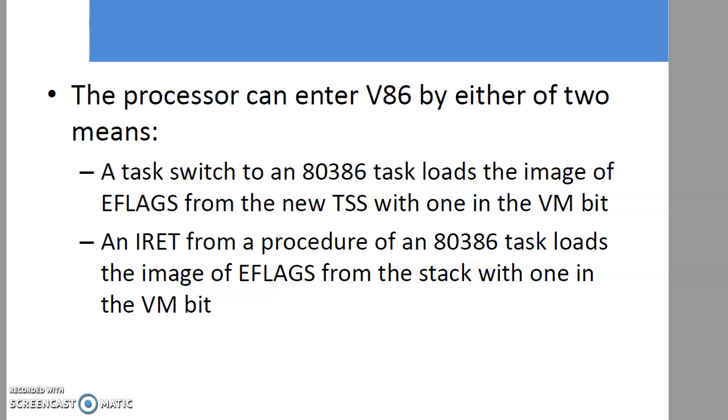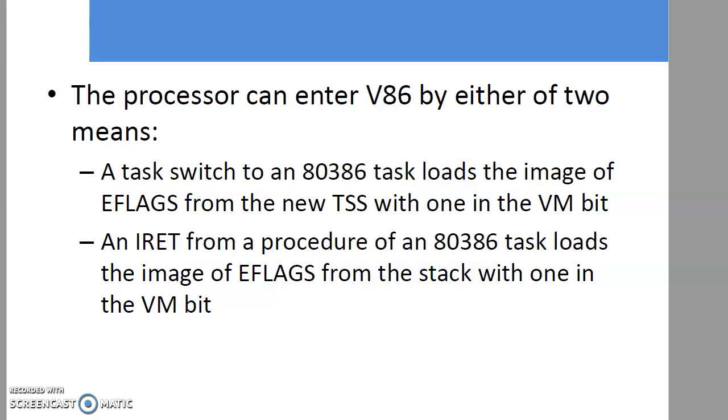So there is a task switch to an 80386 task, and the image in the E flag of the new TSS has 1 in the VM bit. That is, there is a task switch with the VM bit having value 1 in the E flag register. In that case, you will be entering the virtual 86 mode.